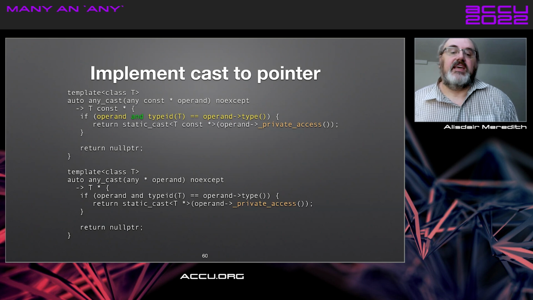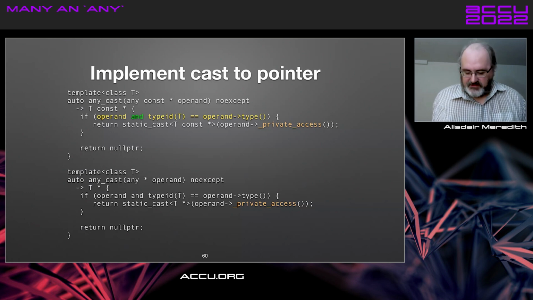Congratulations. So I can cast to the correct pointer type. Or I can take my private access to get the void star out and static cast it as my return value of the correct type. And if the condition fails, I return null pointer because you didn't guess right. Or especially if you didn't guess right from holding nothing.